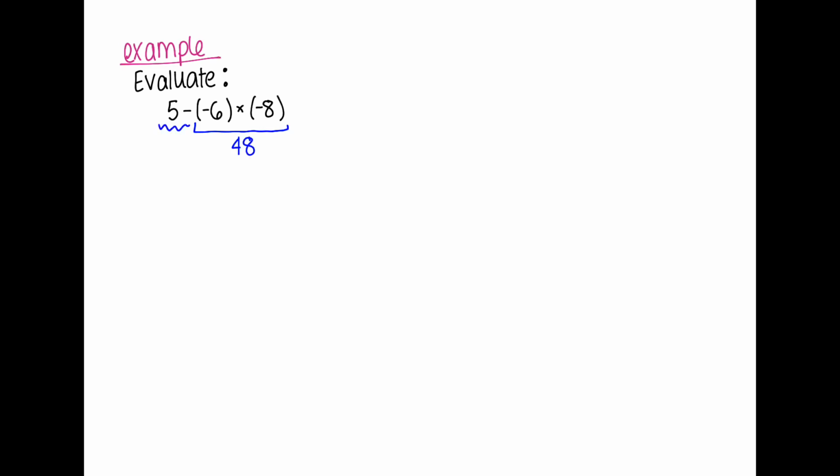Then I'm taking this part right here and pulling it down. So I have 5 minus 48. Let me write that all in line. 5 minus 48. Because we're subtracting a bigger number from a smaller number, our answer will be negative, and then 48 minus 5 will give you 43. So our answer is negative 43.